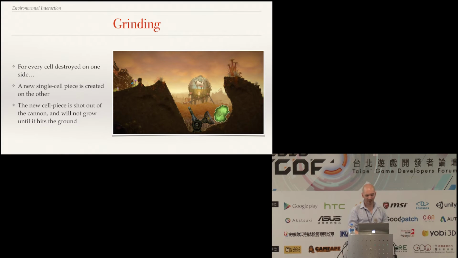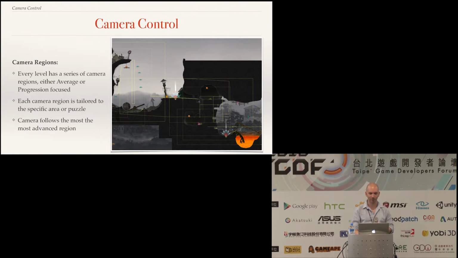All right, and now for the last part, quickly on camera control. I talked about this before, so I'm just going to touch on it. It's all based on camera regions, and this is the work of the designer, which is me, figuring out how the player is going to move in each of those areas. In some areas you would want to move vertically, in some areas you want a big box that you can move in.